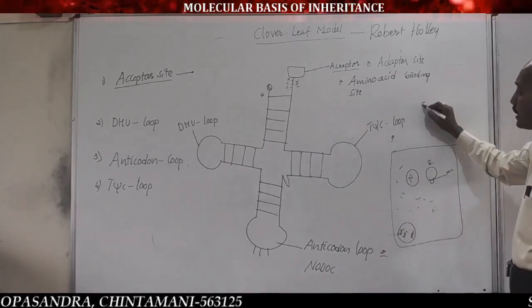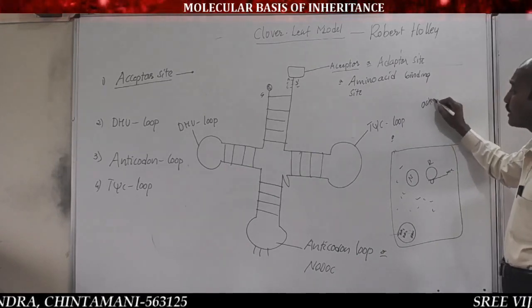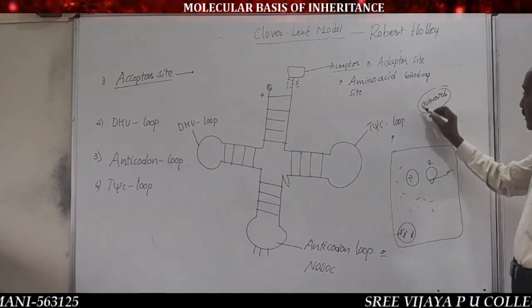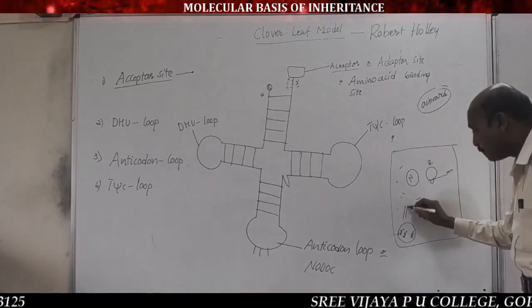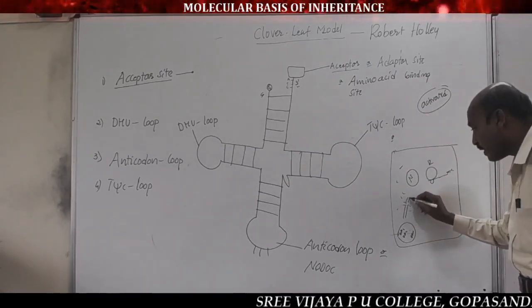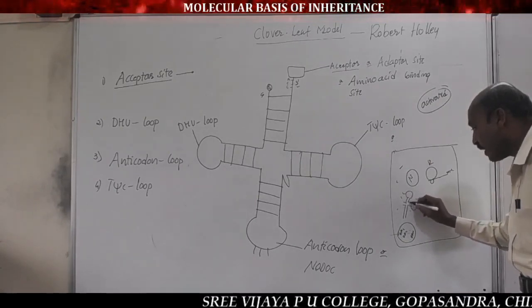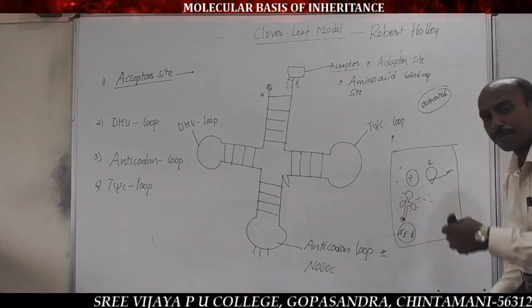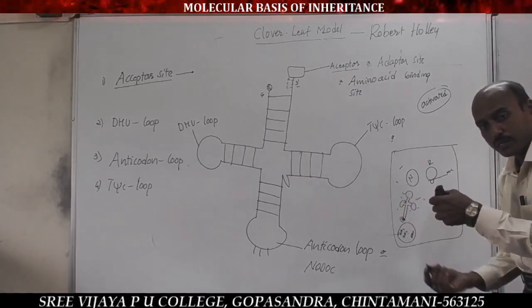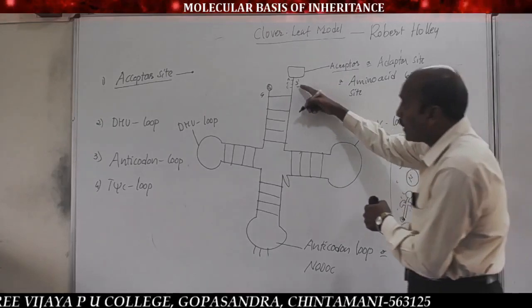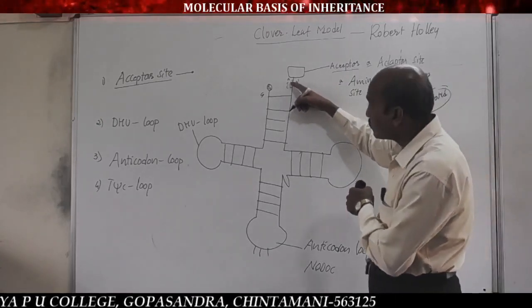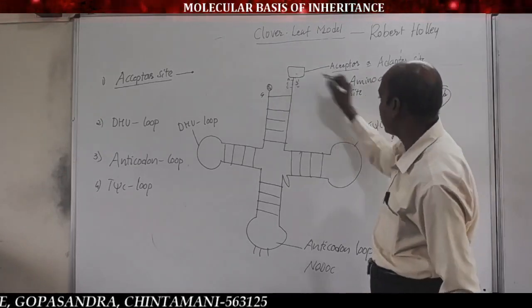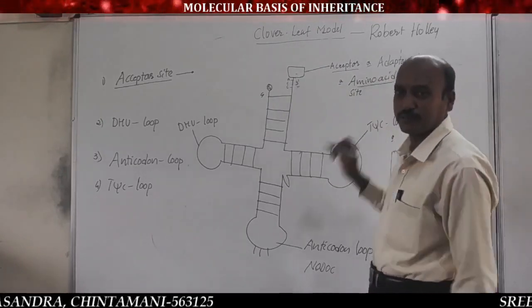After formation of the activated amino acid, do you remember? The activated amino acid binds to the tRNA at the 3' end, nearest to the adenosine nucleotide. That's why this part is called the amino acid binding site.